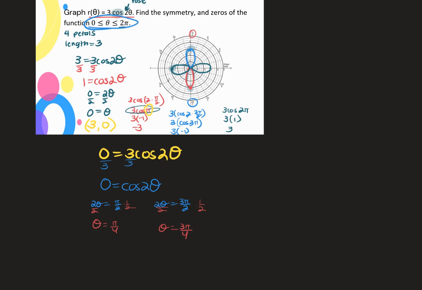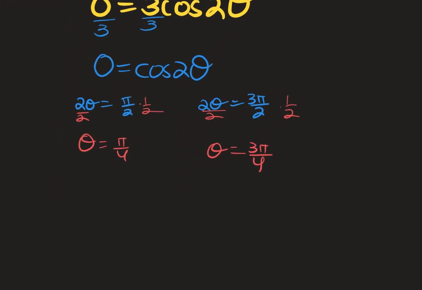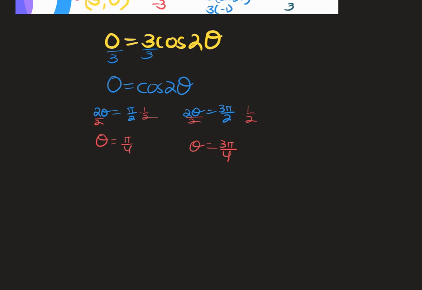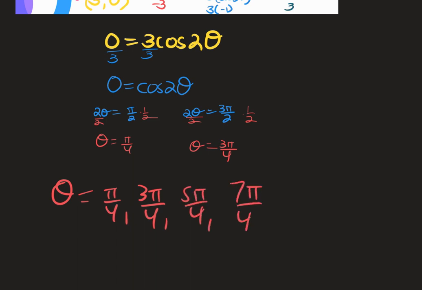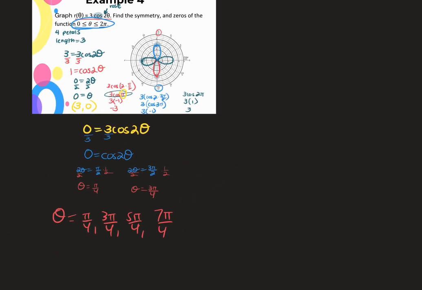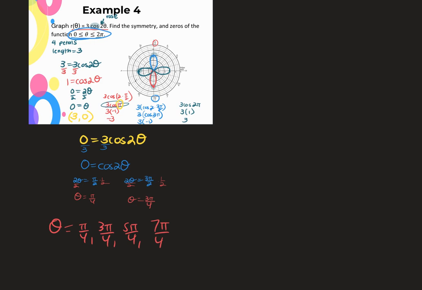So listen, because this is important. When you see a multiple choice question, this answer is not the only answer here. It's going to say something like theta equals pi over 4, 3 pi over 4, 5 pi over 4, and 7 pi over 4. Why does that happen? What happens is that we've adjusted our interval of how often this answer happens by making it a multiple angle, right?